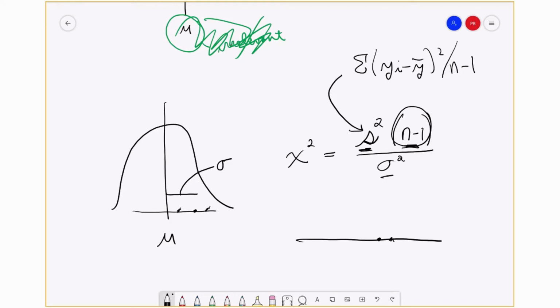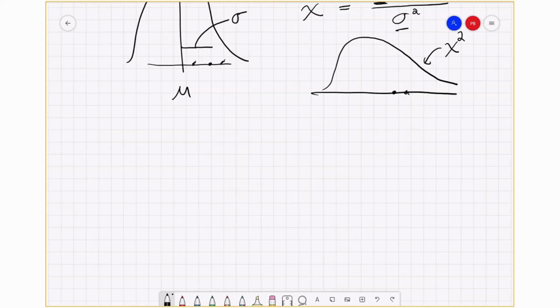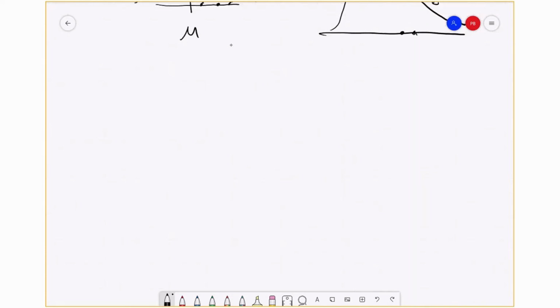and what we get over time is the set of all possible values of chi-square. So this is going to be a probability density function. So we've got a probability density function that looks like this.